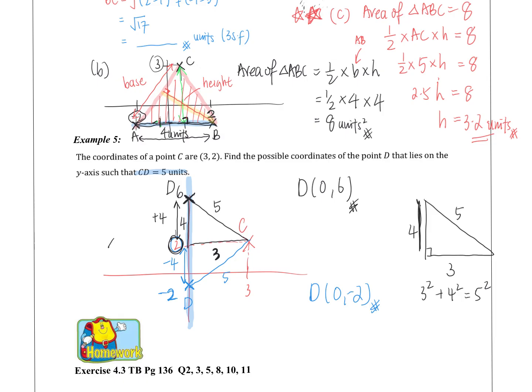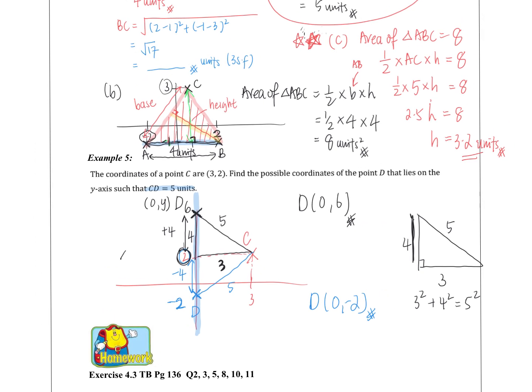I know it's a Pythagorean triplet, but if you don't know, you can write this as (0, y) and then use the distance formula or Pythagoras theorem to help you, because we know 3 and 5. So you can use Pythagoras theorem, or you can just write it directly. If it lies on the x-axis, it's the same thing. Okay, so 4.3 is done.